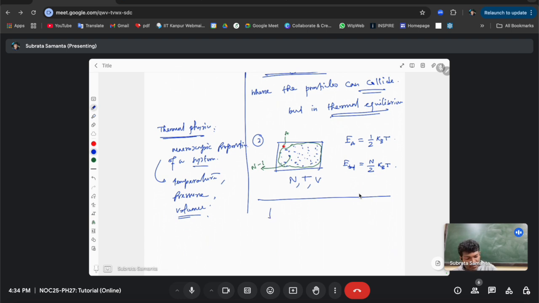So let's say f is the number of degrees of freedom, then E total is basically f by 2 kBT, right? So now can you tell me whether this is right or wrong?